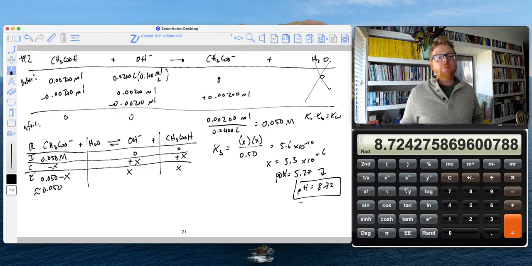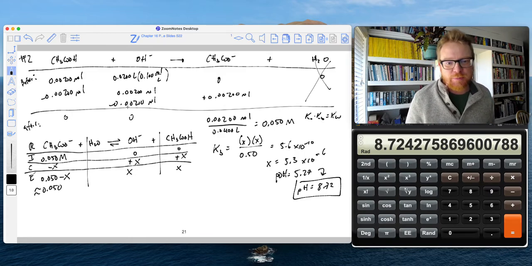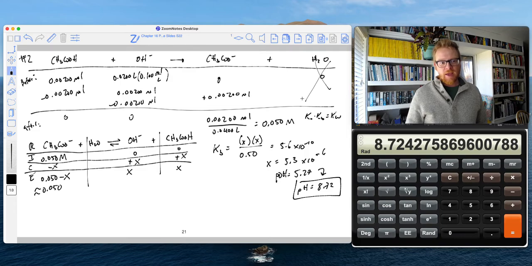Okay, so let's summarize this again because these equivalence point calculations are lengthy. So we first need to do this before-after table so that we can get the right concentration. Notice here that we had to consider the number of moles, and then we also had to consider the new volume.